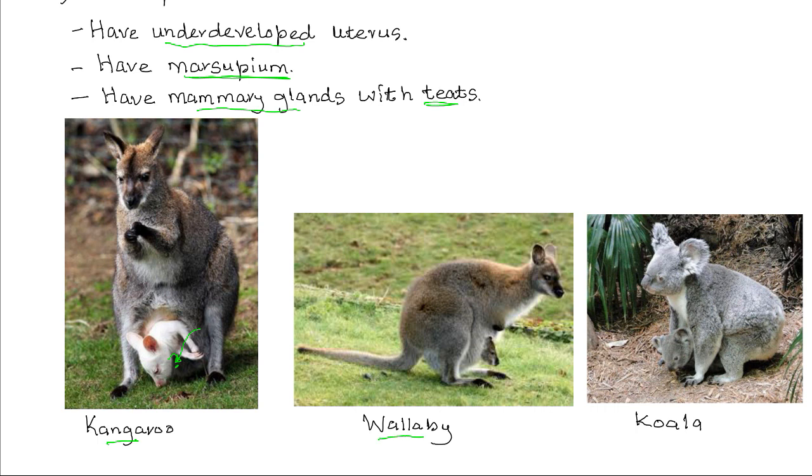Now, the wallaby is very similar to the kangaroo, only that the wallaby is smaller in size. You can see the wallaby with the young one in the marsupium. Another example is the koala. Koala also is a marsupial. You can see the young one contained in the marsupium.